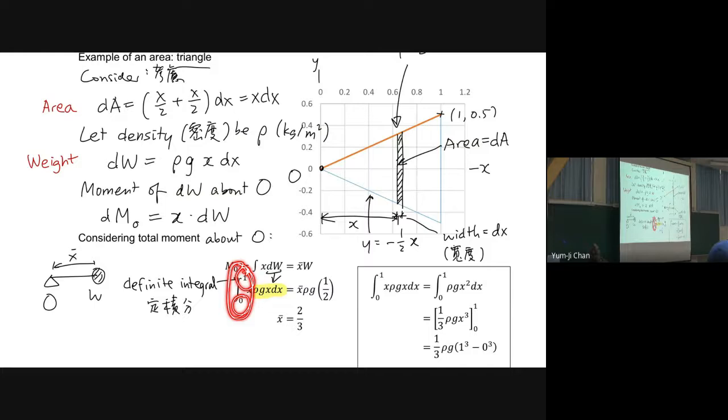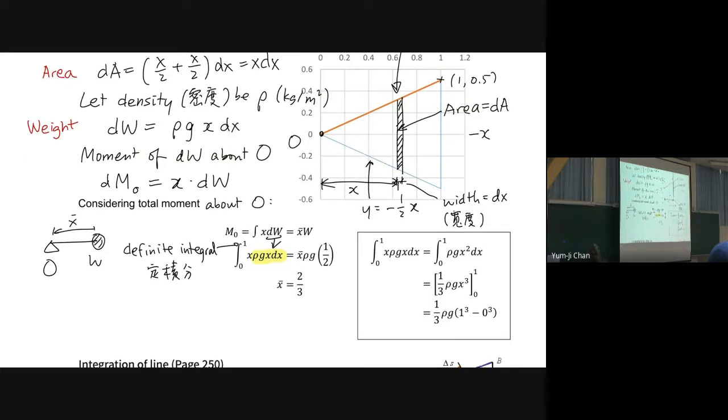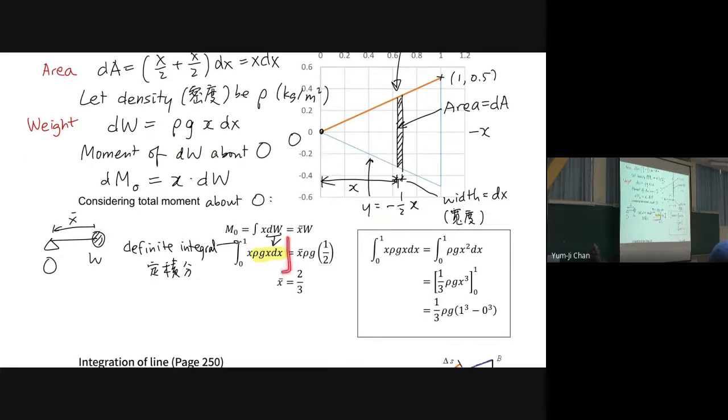Now, for this one, it is equal to this one. And if you have forgotten how to do integration, it is here, take a look.